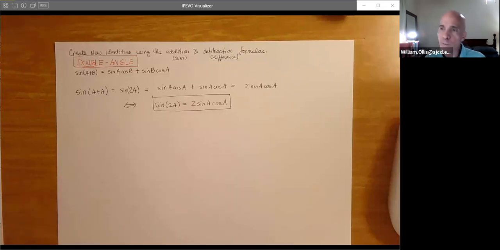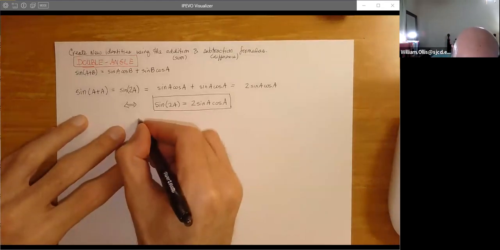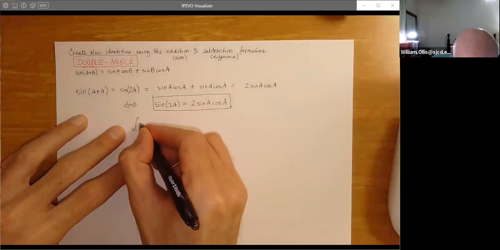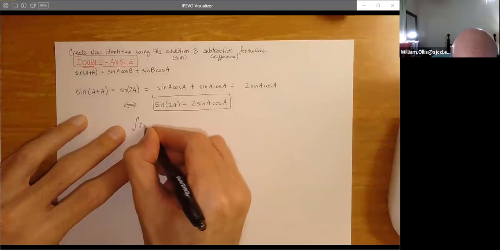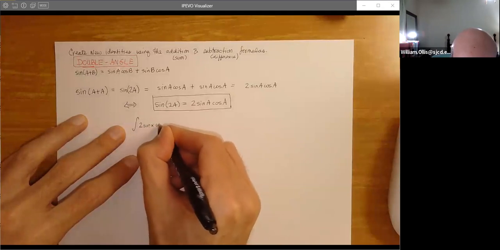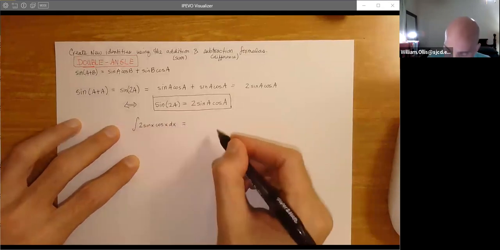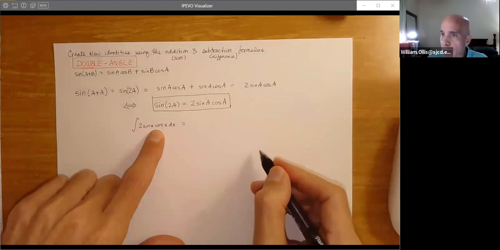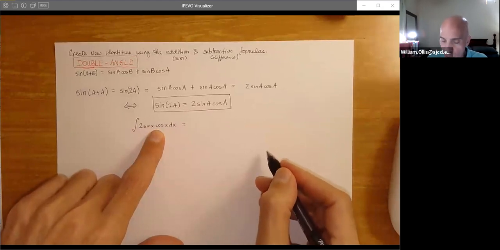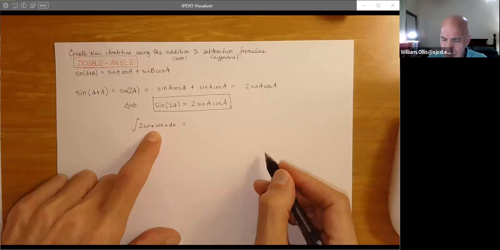So you're thinking, if you were doing a physics problem, say you had something like this, you had 2 sine x cosine x dx. Say you had this particular integrand in calculus. You're going to think, that's going to take me time to do.